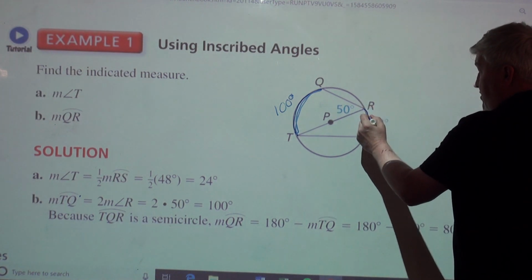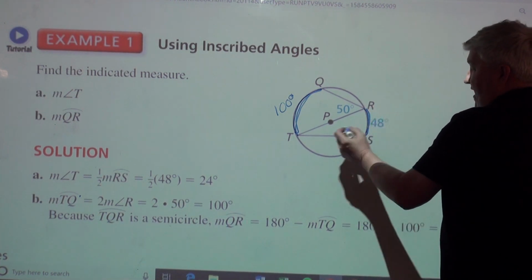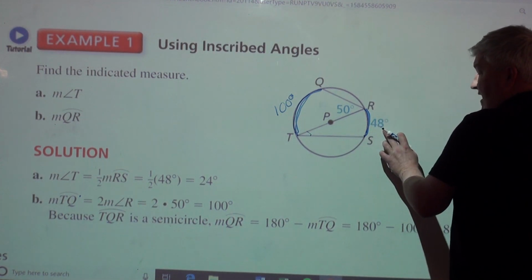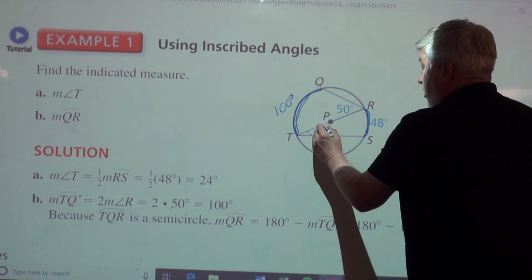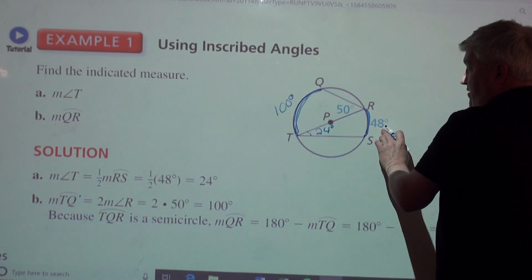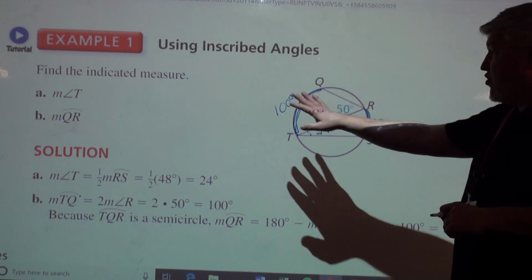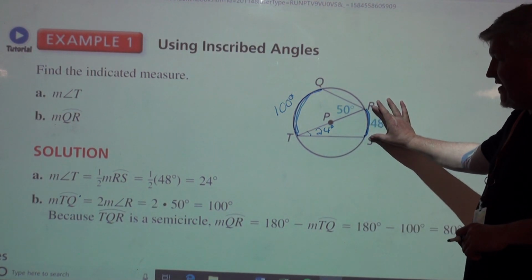Here, this arc RS, this subtended arc RS of angle T is 48. If this is 48, the angle is 1/2, 24. 1/2 of 48 is 24. Okay? So the measure of angle T we just calculated is 24 degrees. It's 1/2 the intercepted arc.